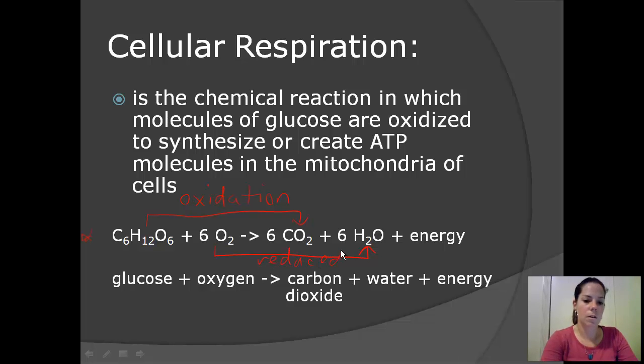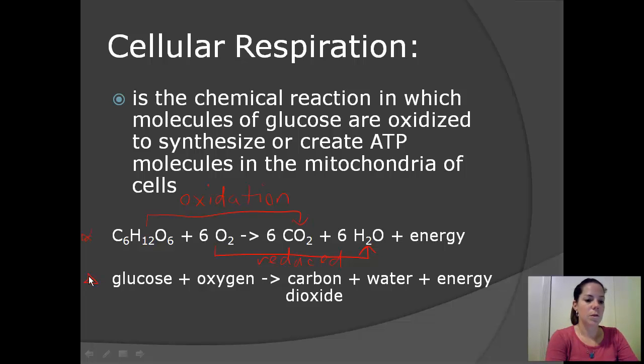So this is called an oxidation-reduction reaction, or a redox reaction for short. So we have 1 glucose molecule plus 6 oxygen molecules react to form 6 carbon dioxide molecules plus 6 water molecules, plus energy, which translates into about 36 or 38 ATP molecules.